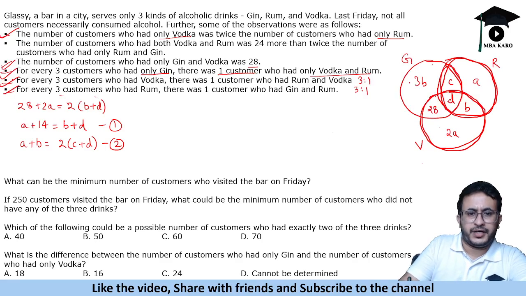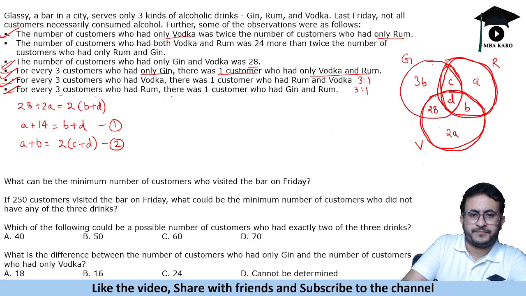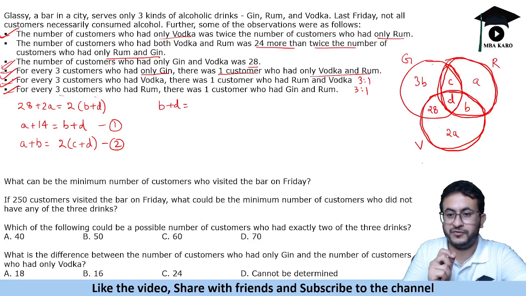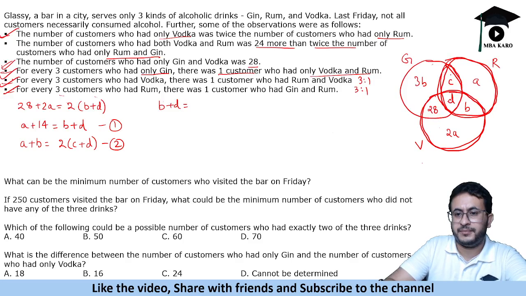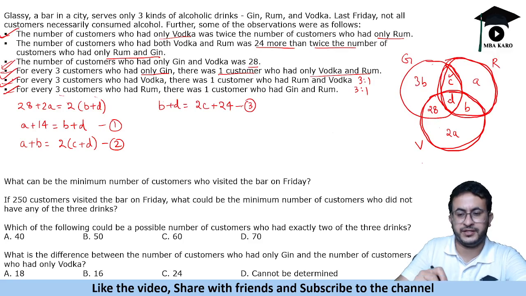Both vodka and rum means B plus D is 24 more than twice the number of customers who had only rum and gin. So pay attention to each of the words carefully. Only rum and gin is C, twice of them is 2C, and this number is 24 more than that. So B plus D is 2C plus 24. So this is the third equation.